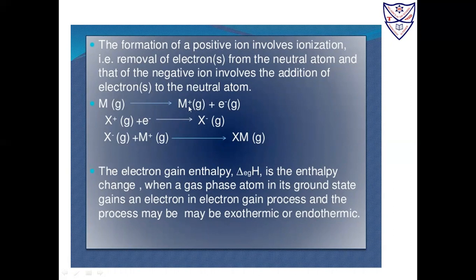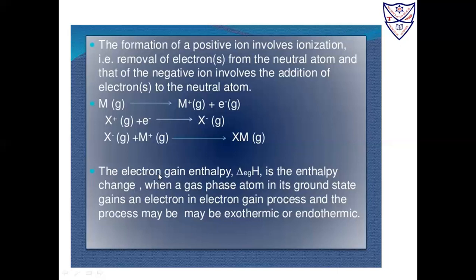Because it is donating, donor is always positive. Acceptor is always negative. So here the atom is accepting the electron, and accepting the electron means a negative ion is there. So the positive and negative ions attract each other and form a compound, that is NaCl.